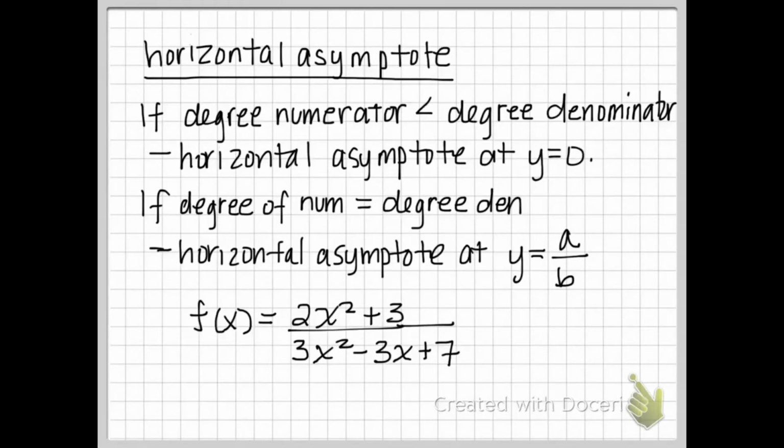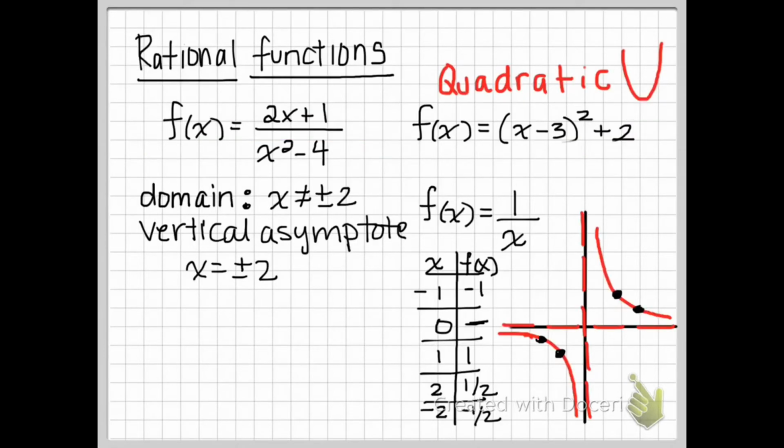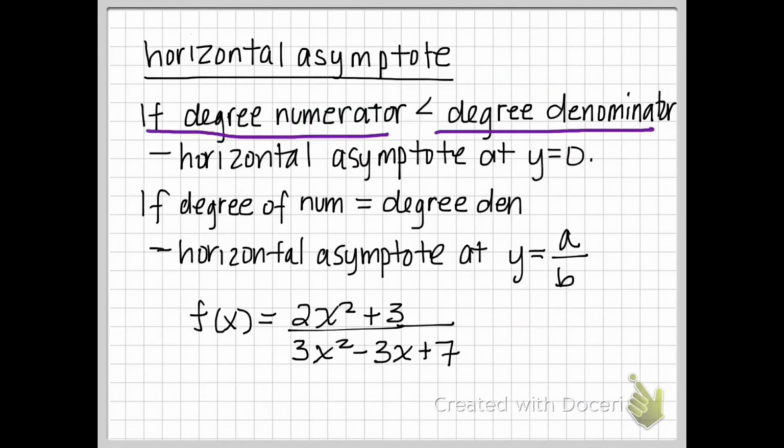If the degree of the numerator is less than the degree of the denominator, as is the case in our function, let's look at it. See, the degree of the numerator is less than the degree of the denominator. Then there is a horizontal asymptote at y equals 0.